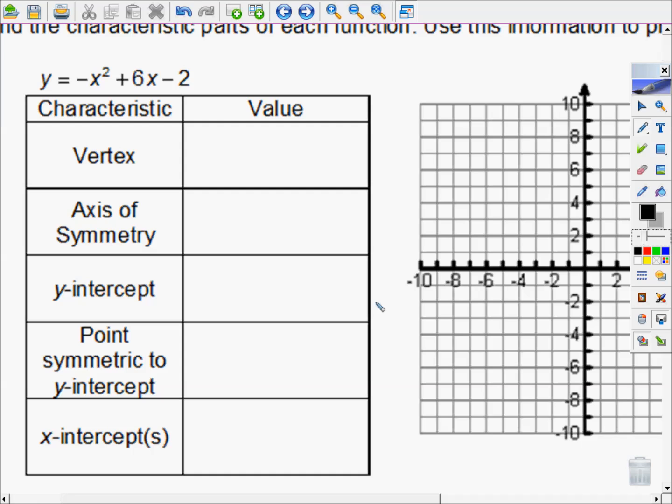Now your homework. Is this the homework? Miss, which one was almost? Too bad, man. Symmetry, yeah, I don't know how to do that.